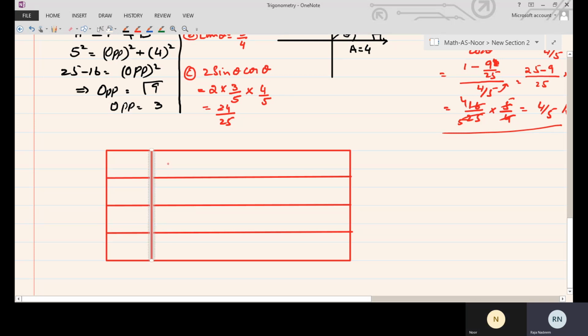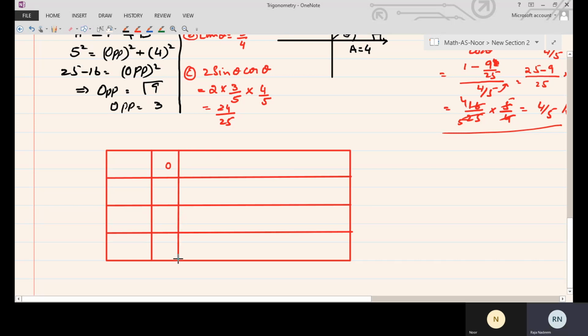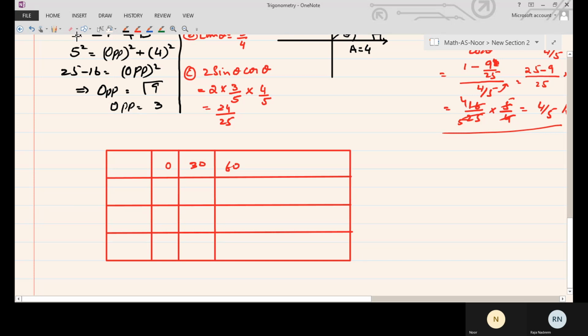This is the angle 0, 30, 45, and 60. Finally it is 90.